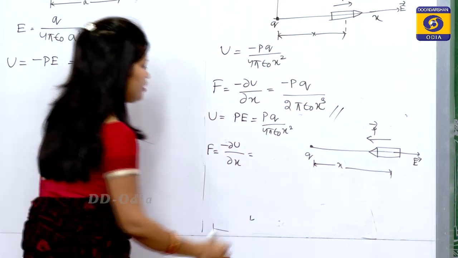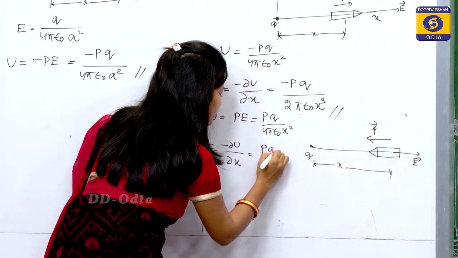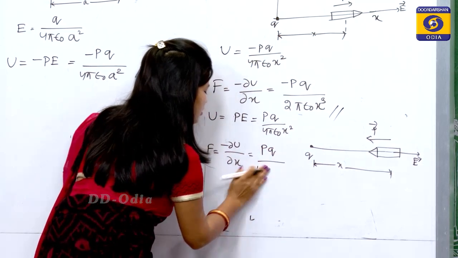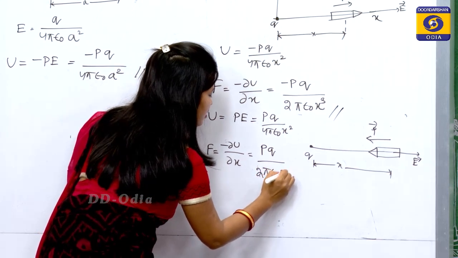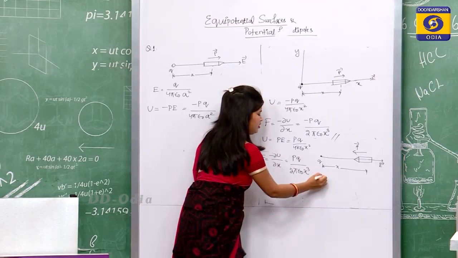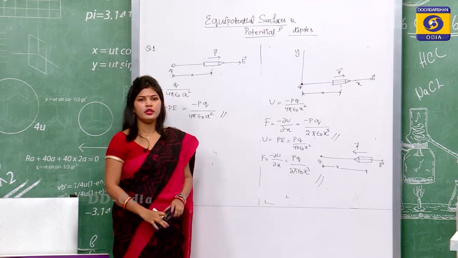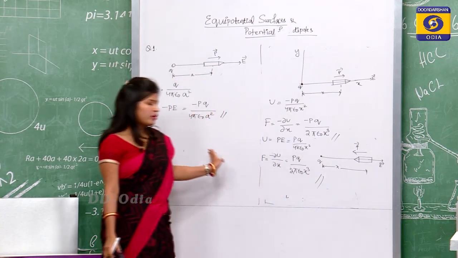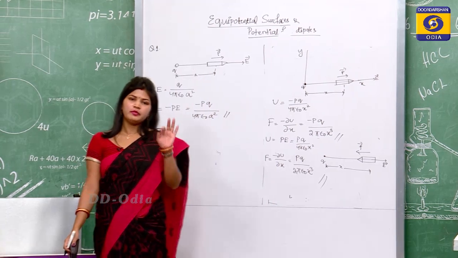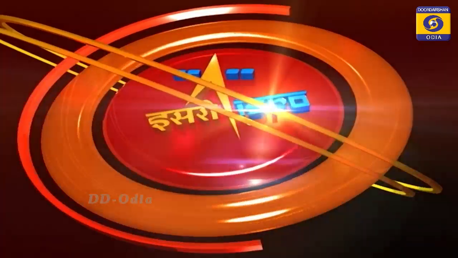So, we get P q upon 2 pi epsilon naught x cube. This is the answer. Okay. Next, we will discuss potential for dipoles.